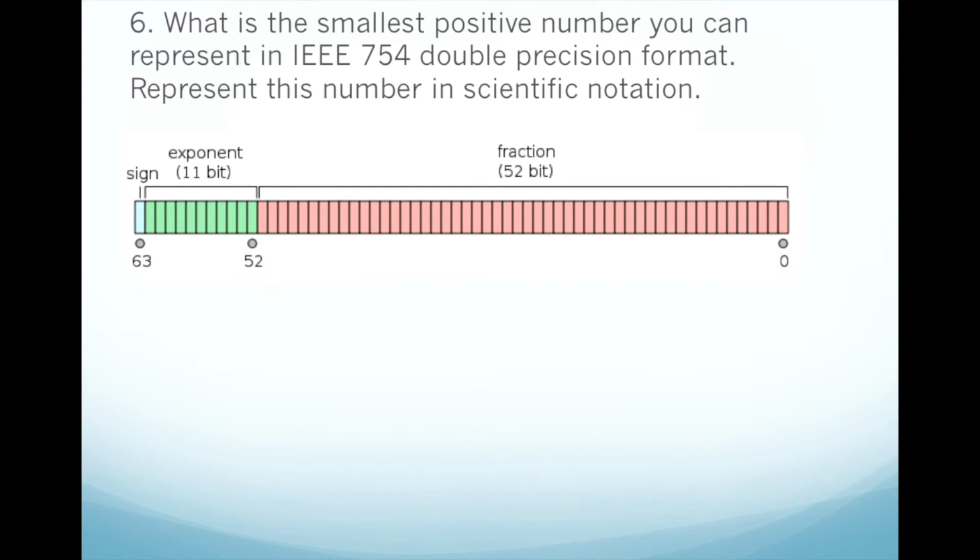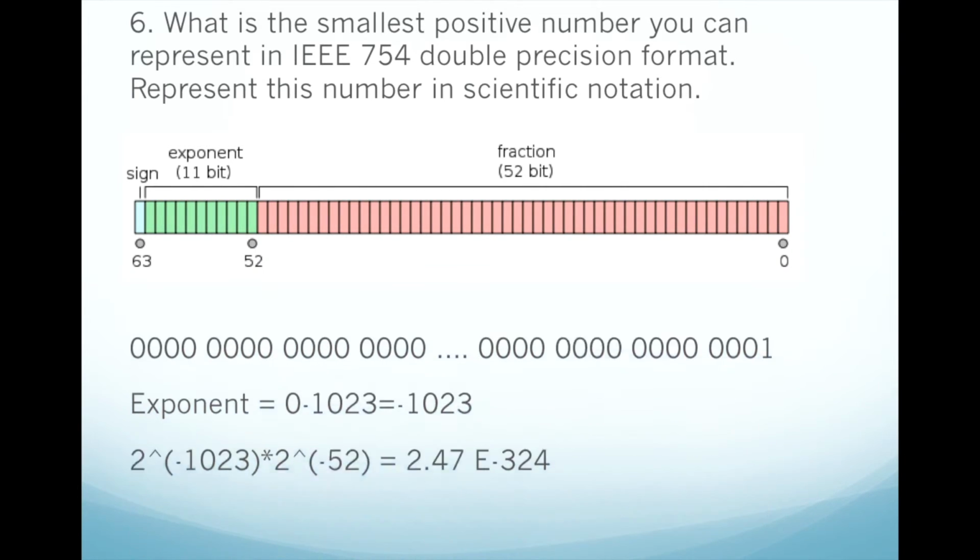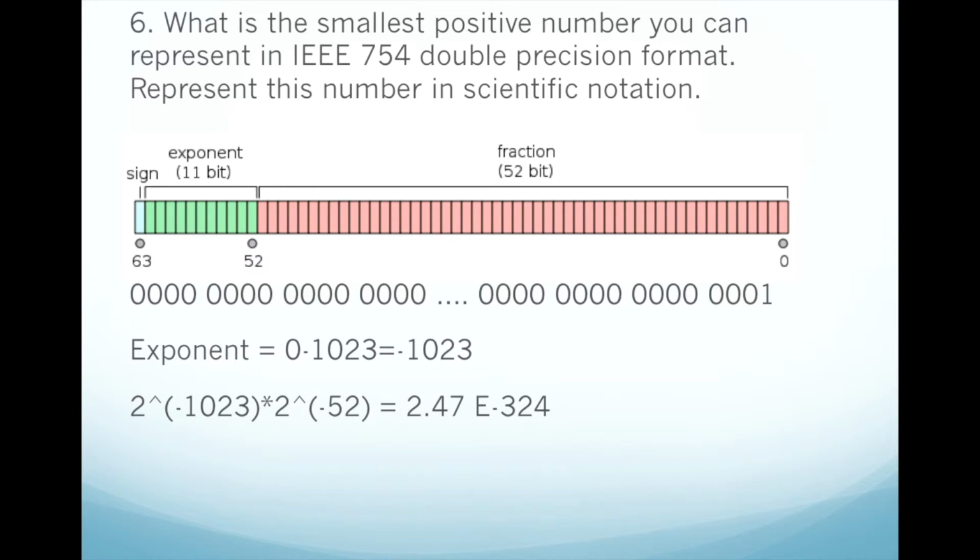So part 6. What is the smallest positive number you can represent in the IEEE 754 double precision format? Represent this number in scientific notation. In double precision format, instead of 32 bits, it goes up to 64. So the smallest positive number will be zeros all the way up, and there's a 1 at the end.